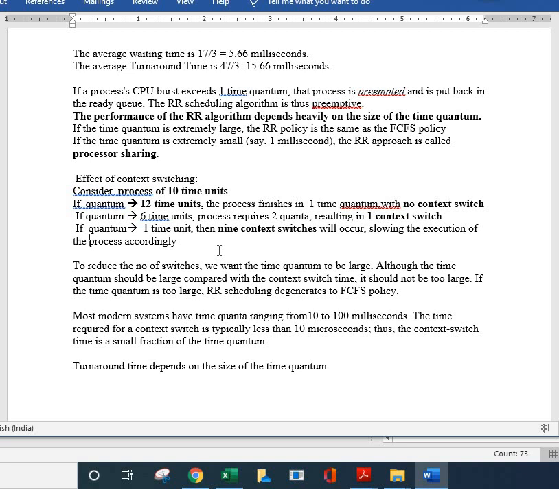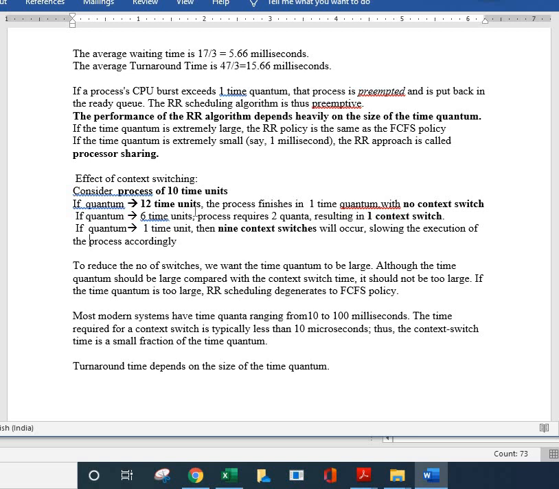So we need to reduce this context switching time also. So we have to design the time quantum in such a way that it is not too high or too low.